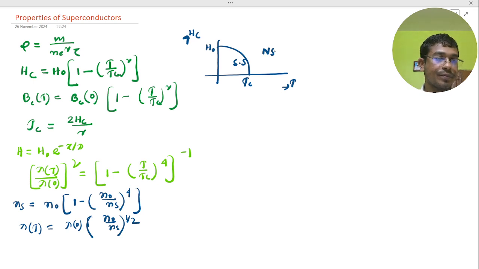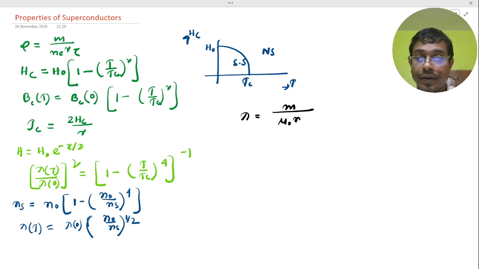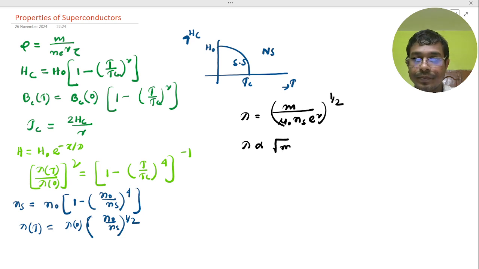Here we also deduce the London equation, defined as lambda equal to m by mu naught ns e square, whole to the power half. Here we get lambda proportional to root m, where lambda is called the London penetration depth.